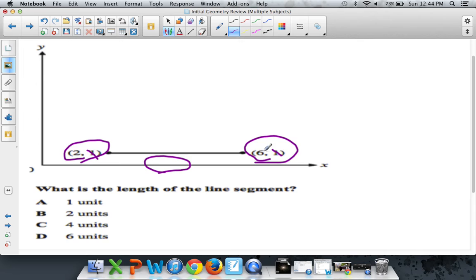Then look at the numbers that are different, a 6 and a 2. To figure out the length of this line segment, just subtract 6 minus 2. That will give you the length. 6 minus 2 is 4. The answer is C. Don't forget, a question like this will definitely show up on a benchmark test.